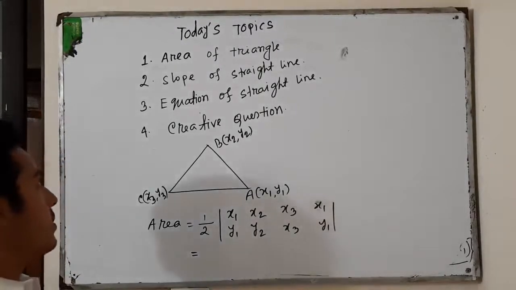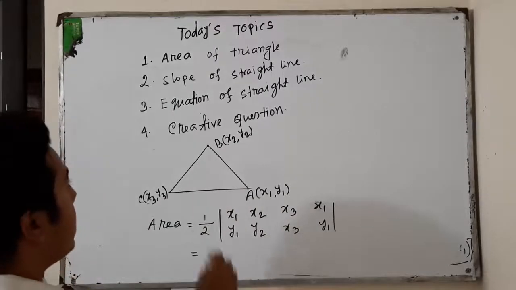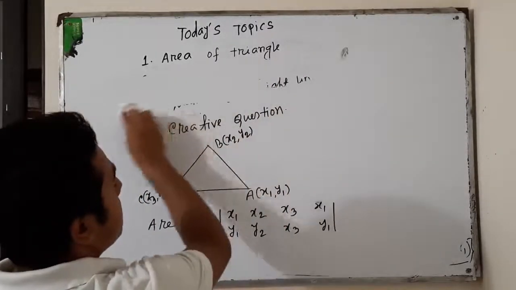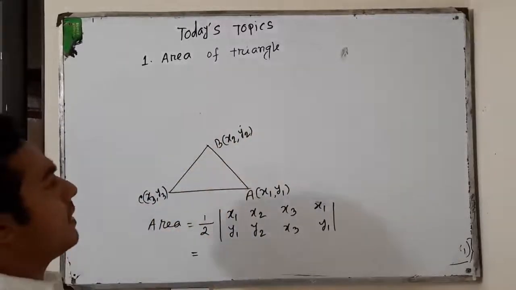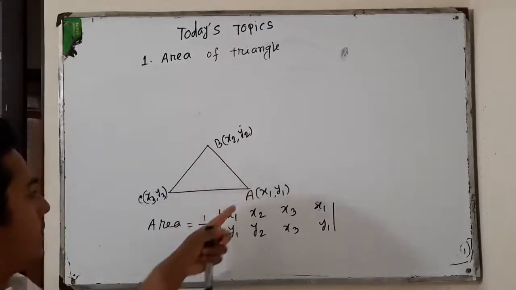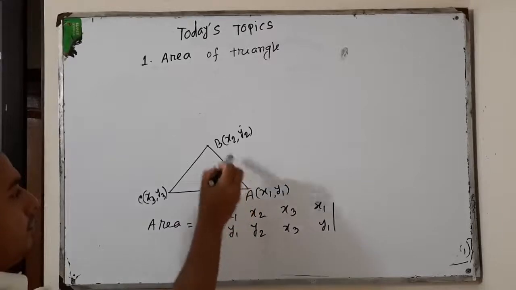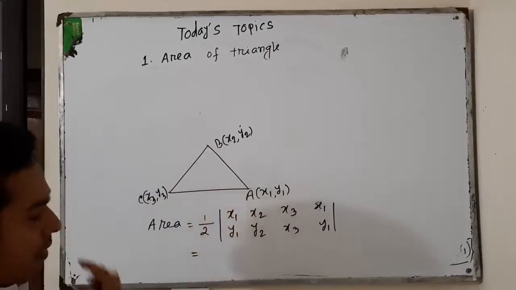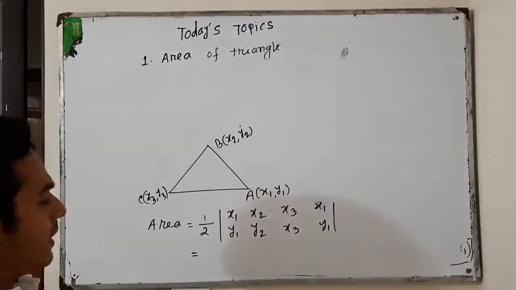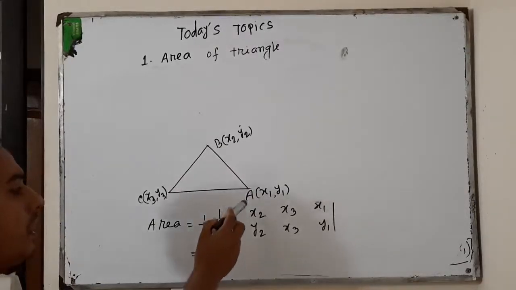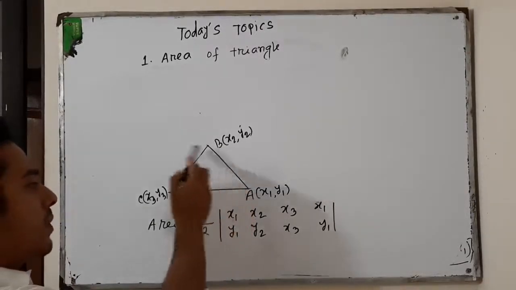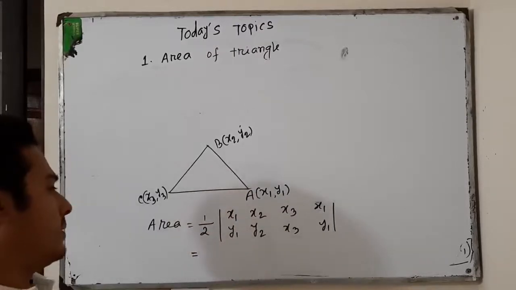At first we want to discuss the area of a triangle. If three points are given, then how can we find the area of the triangle? At first, take these points in anti-clockwise order.